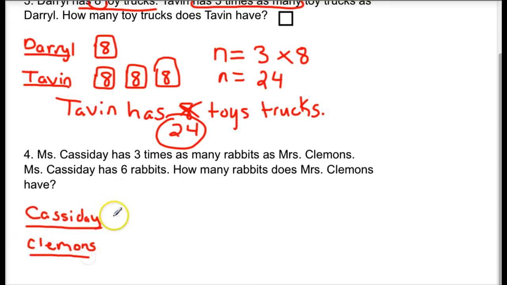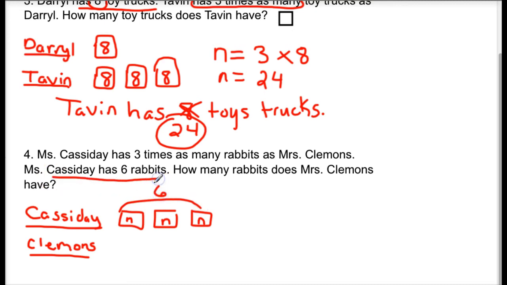Now, for Miss Cassidy up here, we know that she has 3 times as many rabbits as Mrs. Clemens, and Miss Cassidy has 6. So she has to have 3 parts because she has 3 times as many as Mrs. Clemens. For her 3 parts, we're going to use a variable because we know that all of these together is going to be 6, because this tells us that Miss Cassidy has 6 rabbits.